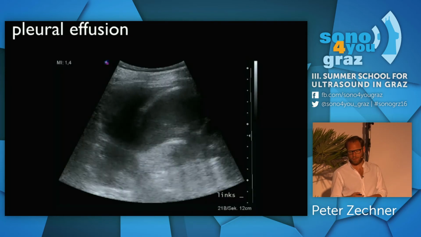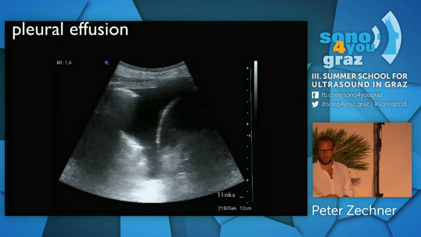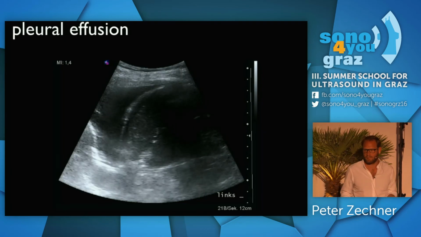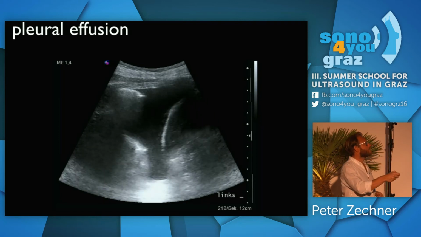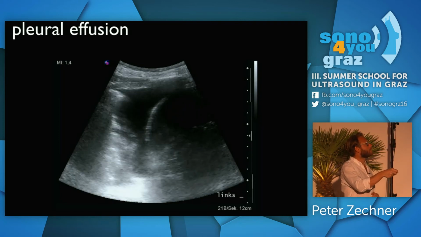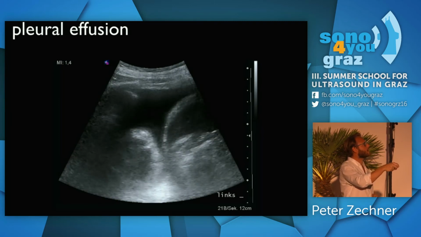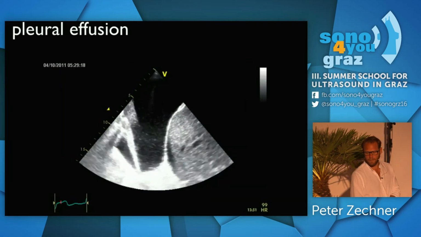This is a patient with pleural effusion. You probably already saw it during the FAST scan lecture. It's more or less the same, but here it's not blood. Here it's just fluid. We can see here the spleen, the diaphragm, and here this black area is the pleural effusion.